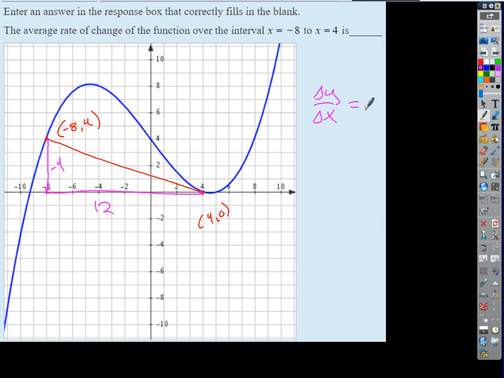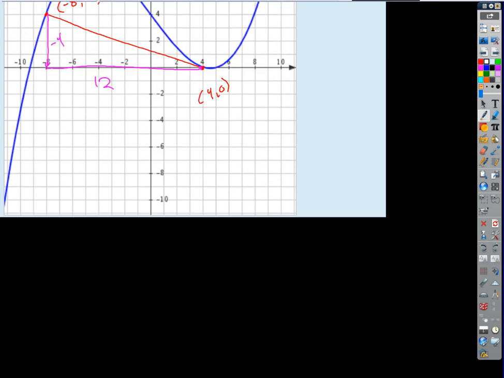So in this case, it would be f of 4 minus f of negative 8 over, right? That's the top, change in y. The output of the function at 4 minus the output at negative 8 divided by what? What's the change in x? That is not h x. That's not the change in x. Let me write it down here.